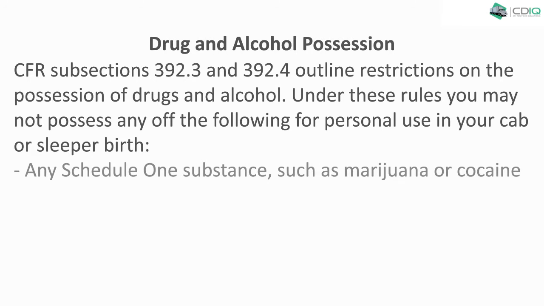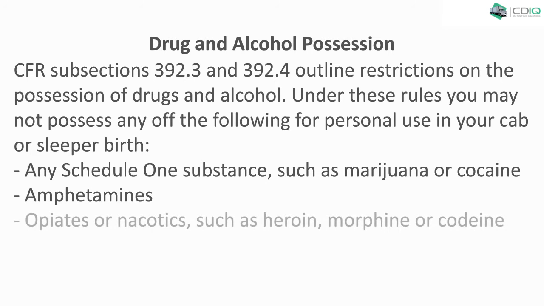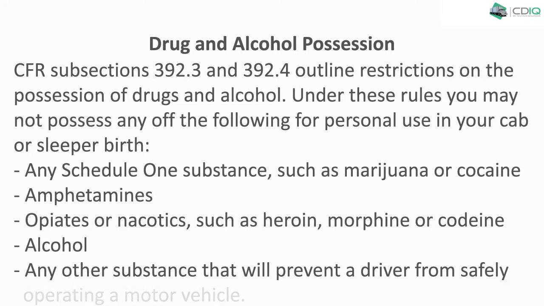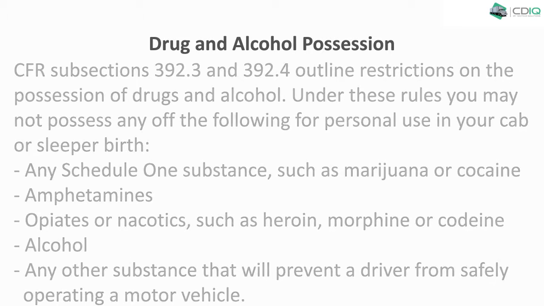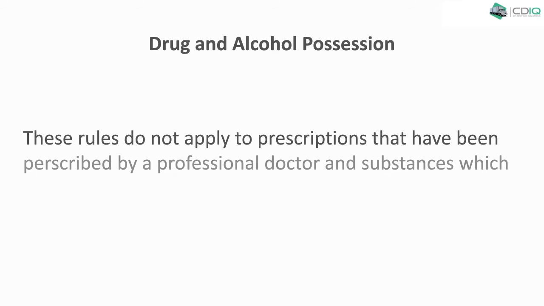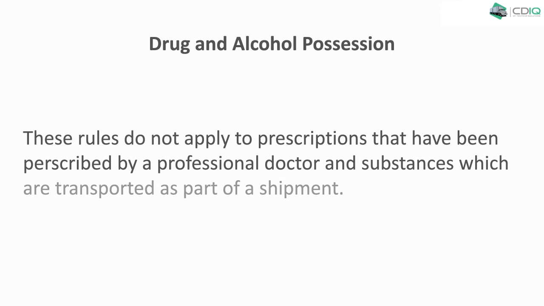Under these rules, you may not possess any of the following for personal use in your cab or sleeper berth: any Schedule I substance, such as marijuana or cocaine; amphetamines; opiates or narcotics, such as heroin, morphine, or codeine; alcohol, or any other substance that will prevent a driver from safely operating a motor vehicle. These rules do not apply to prescriptions that have been prescribed by a professional doctor and substances which are transported as part of a shipment.